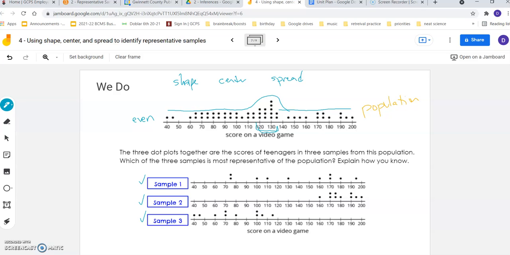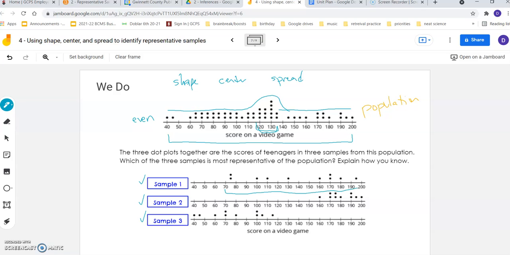So let's talk about spread next. Spread's kind of an easy one to see, right? When I look at the actual group, they spread from 40 to 200, so they had a very wide spread. You'll notice again, none of the samples have exactly the same spread, but sample 1 has a fairly reasonable estimate. It goes from 70 to about 195.